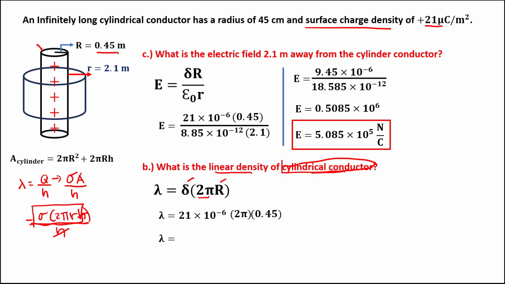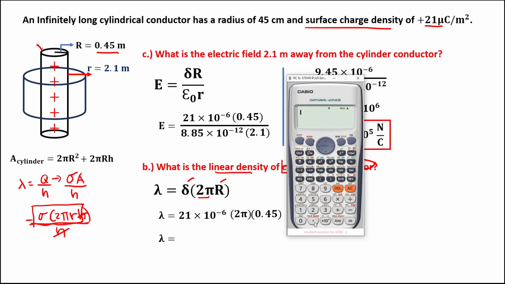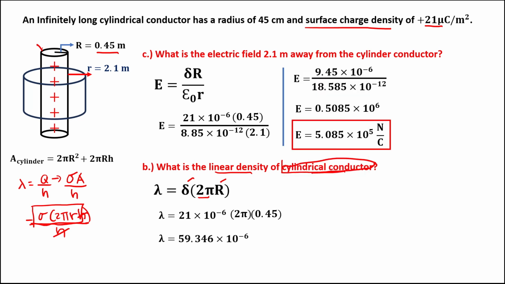Then to solve now for the linear density, we have 21 times 2 times pi, and pi is 3.14, then times 0.45 equals 59.346. So 59.346 times 10 to the power negative 6.